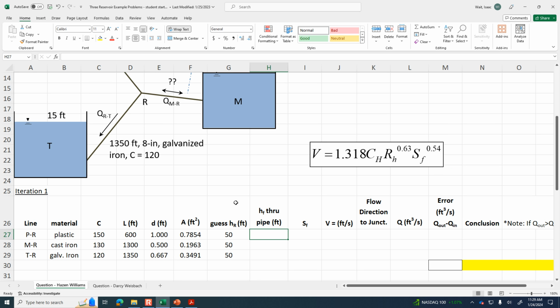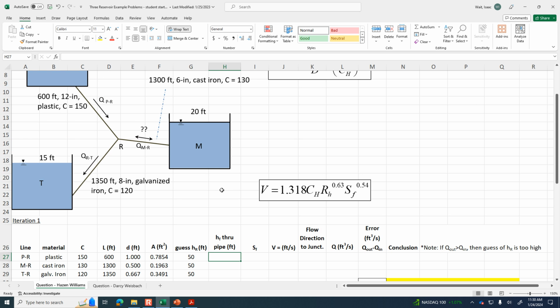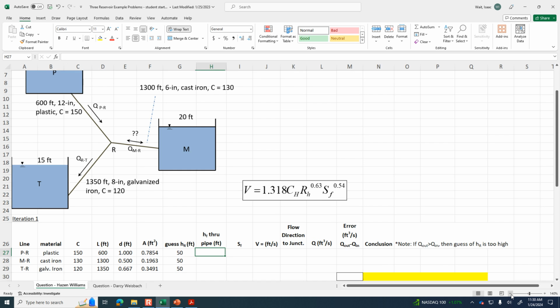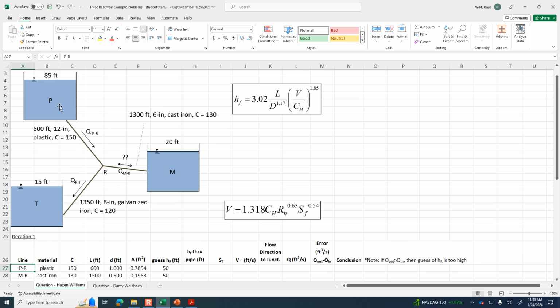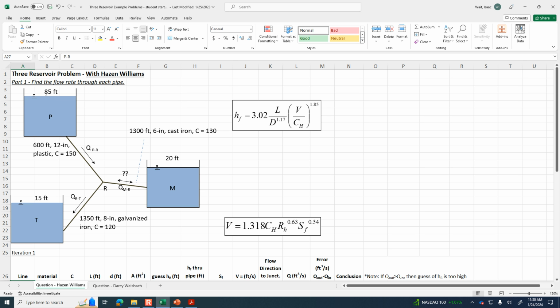Now, if there is 50 feet of head at the junction, then what is the head loss through pipe PR? So P is 85 feet, the reservoir elevation, and so that's the Z. That's the elevation of the water in the tank. There's no velocity for the water in the tank.